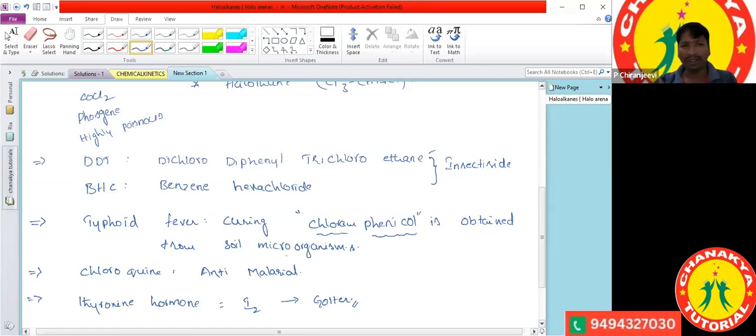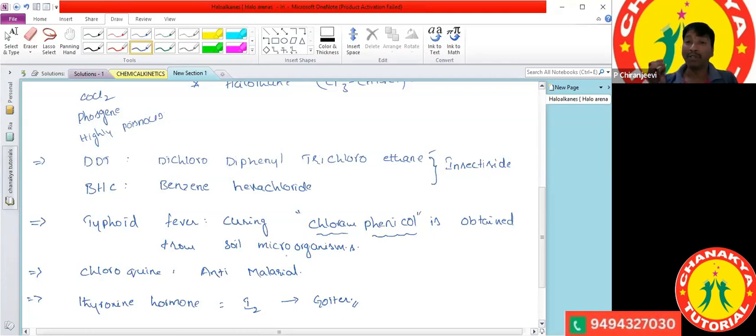Okay, so all these are the general introduction. Halogen containing compounds play an important role in daily life. We use them as solvents, for clinical purposes, and as insecticides.